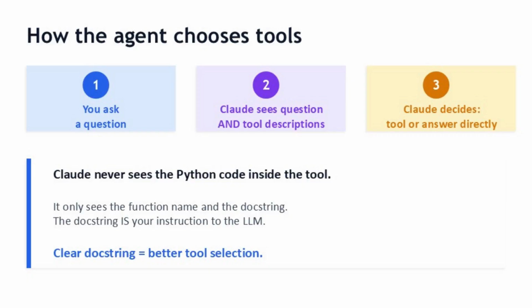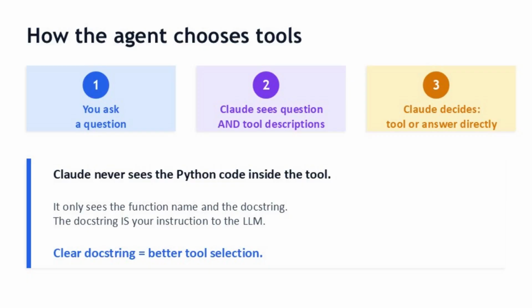Let's understand how the agent chooses tools. When you call bind_tools, LangChain sends the tool name and the docstring to Claude, not the Python code inside. So when a user asks, "What's the current gold price?" Claude sees a tool called get_gold_price with a description that says, "Fetch the current gold price."